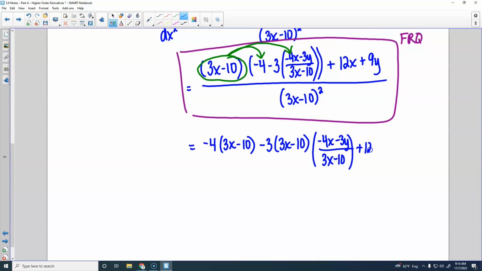We'll still have our plus 12x plus 9y, all over 3x minus 10 squared. And the reason that this is nice is because this 3x minus 10 cancels with this 3x minus 10, which gets rid of your denominators.